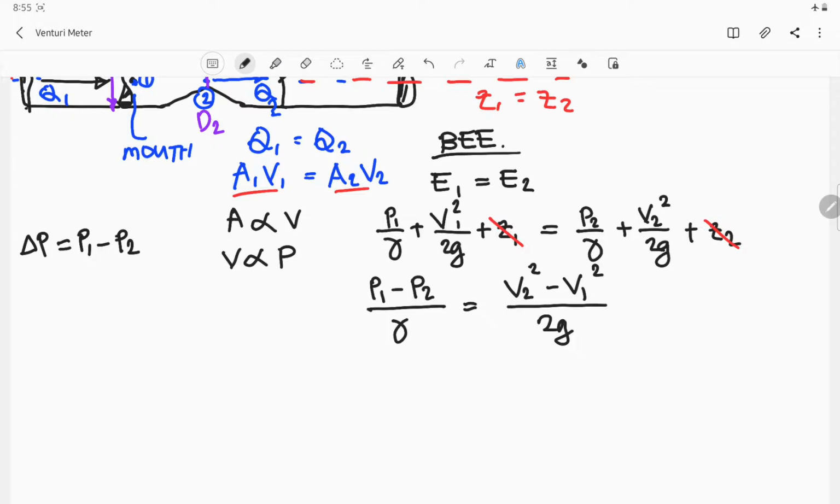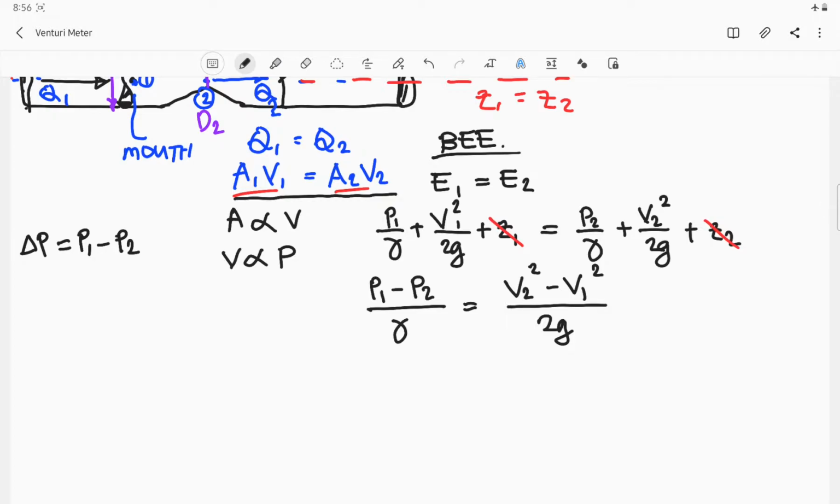Okay, so on the right side we have V1 and V2. So we need another equation in order to express V1 in terms of V2 or V2 in terms of V1. So we have the continuity equation.